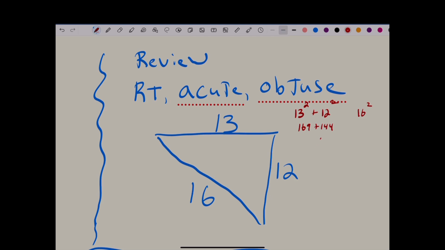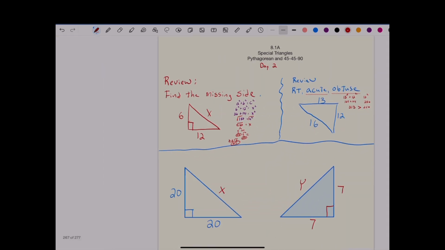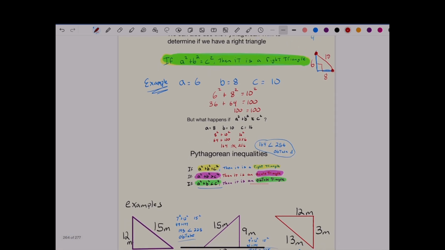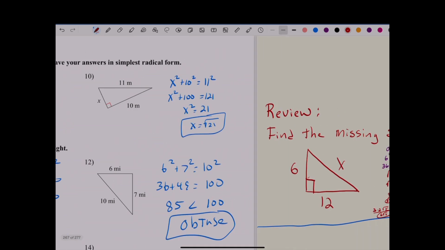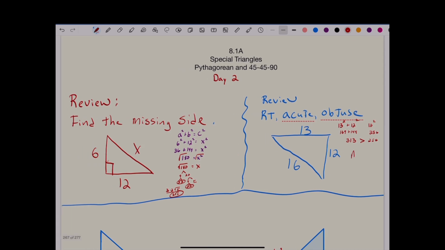So that's 313. 16 squared is 256. So 313 is greater than 256. If you forgot to go back to yesterday's notes with our Pythagorean inequalities, a squared plus b squared greater than c squared means it's an acute triangle. And there's your solution.